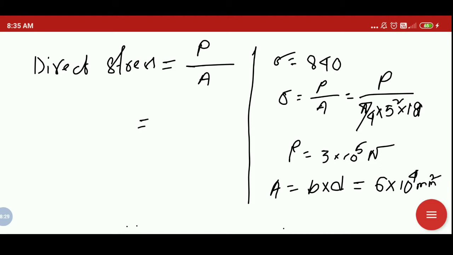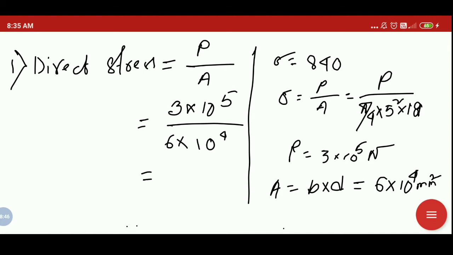So put the value: 3 into 10 to the power 5 divided by 6 into 10 to the power 4. So 5 Newton per mm square.